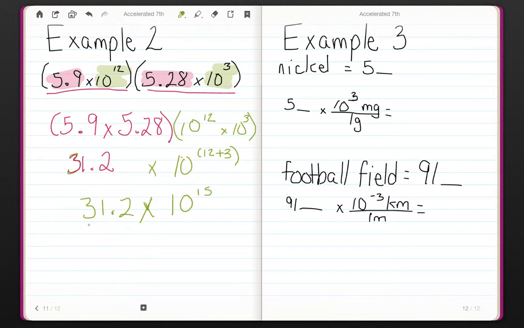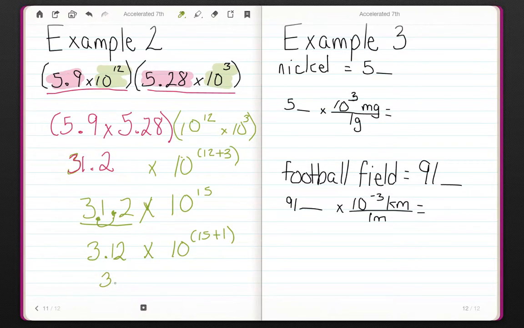However, in scientific notation, my number has to be between 1 and 9.99, greater than or equal to 1, less than 10. 31 is greater than 10. So I need to move the decimal one more place to the left. So I have 3.12 times 10 to the 15th plus the 1 space I moved my decimal.